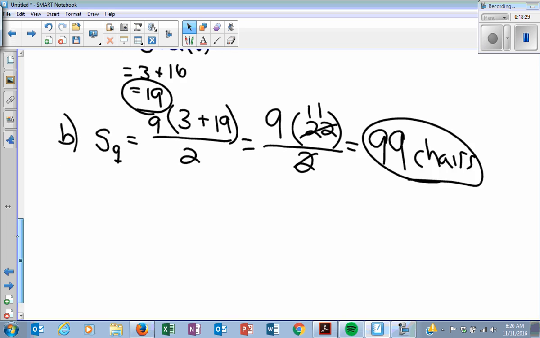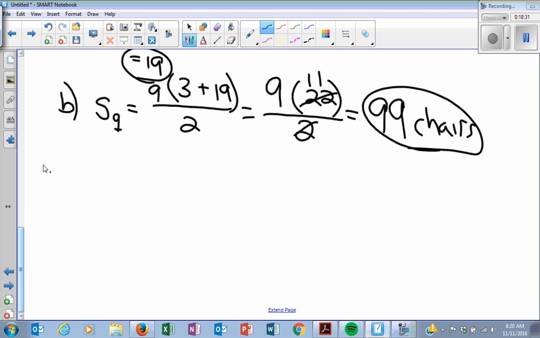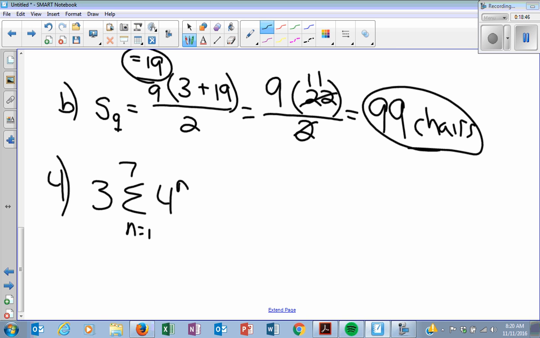Alright, so number 4. Number 4 says, it is in summation notation. So let's talk about this. This right here is where you're going to start, and this is where you're going to end.